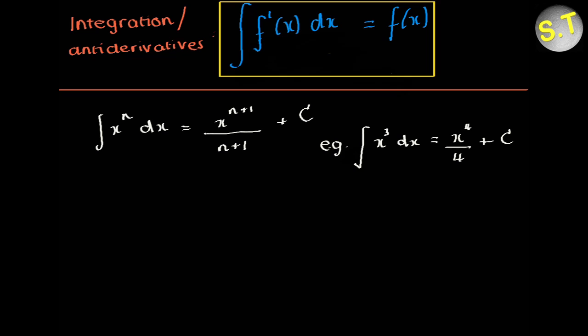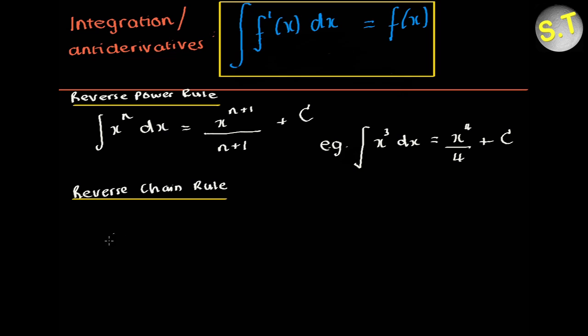As well as a reverse form of the power rule, there's also a reverse form of the chain rule. So for example, if we had the integral of the cosine of some value nx, its integral with respect to x can be found using the reverse chain rule.